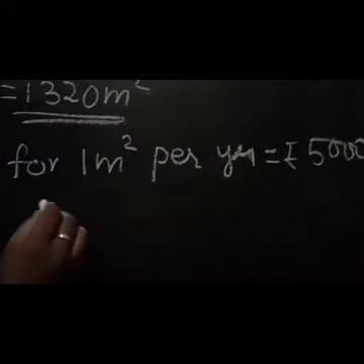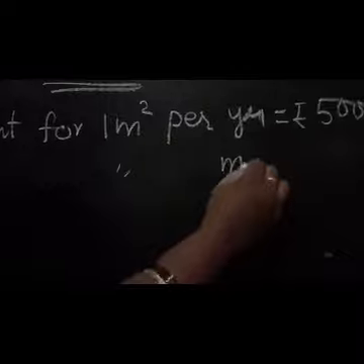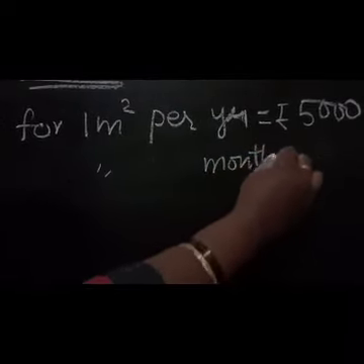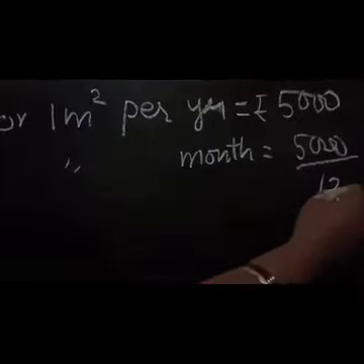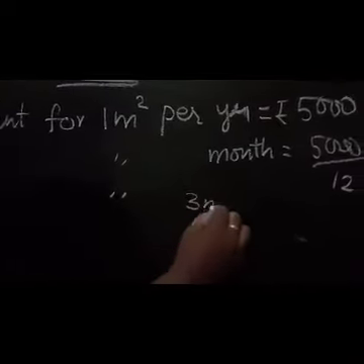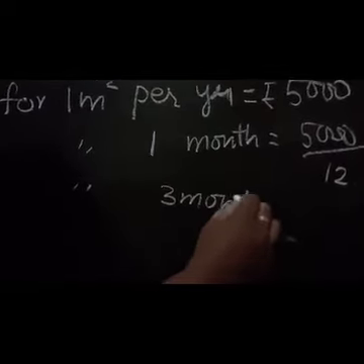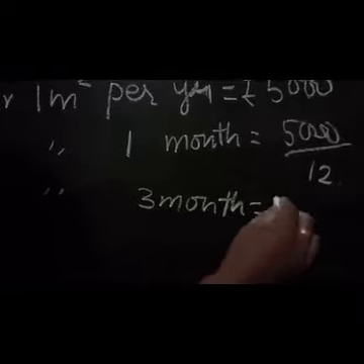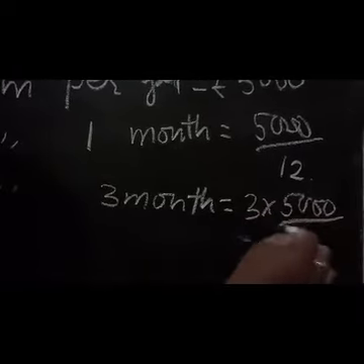Now we have to calculate per month. So 5000 divided by 12. Same rent per 3 months. This is for 1 month. 3 months means 3 into 5000 divided by 12.